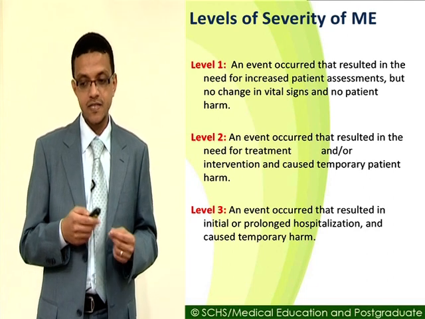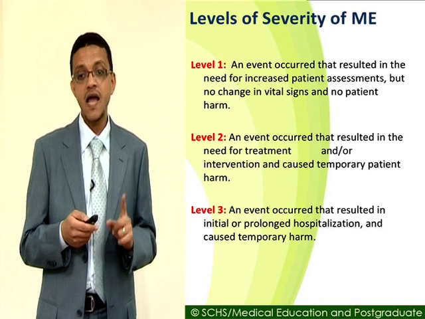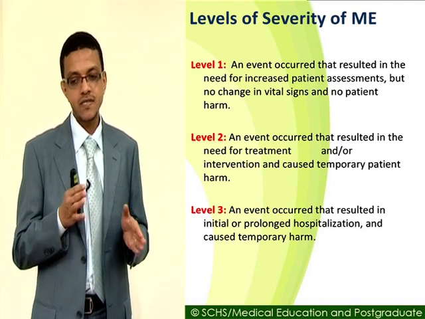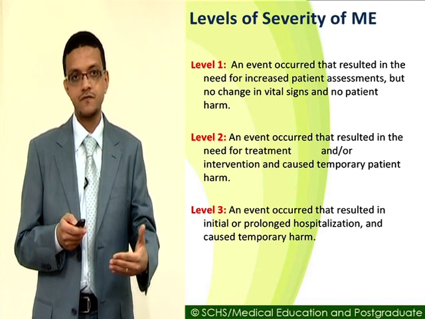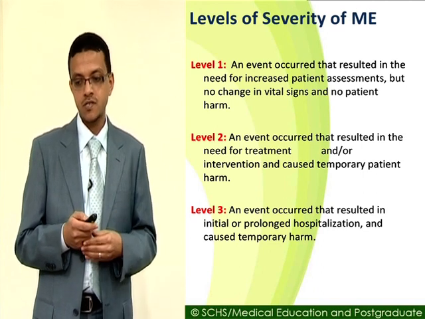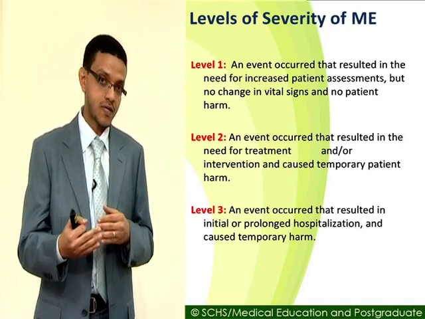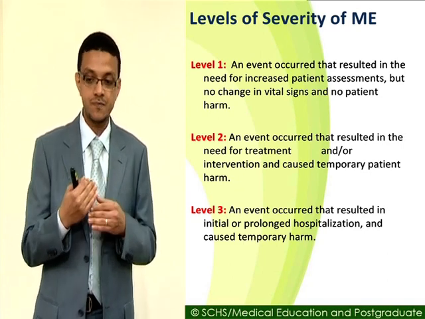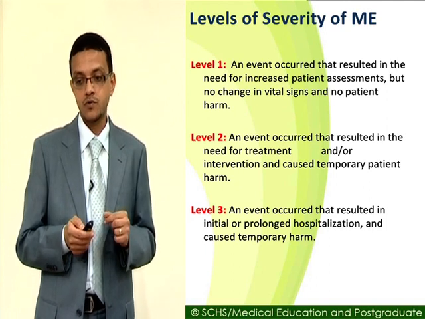The second level is an event that resulted in need of treatment and or intervention and caused temporary patient harm. Level 3 goes further, or worse. It's an event that resulted in initial or prolonged hospitalization. Now it's getting more serious because this patient needed hospitalization and suffered temporary harm.